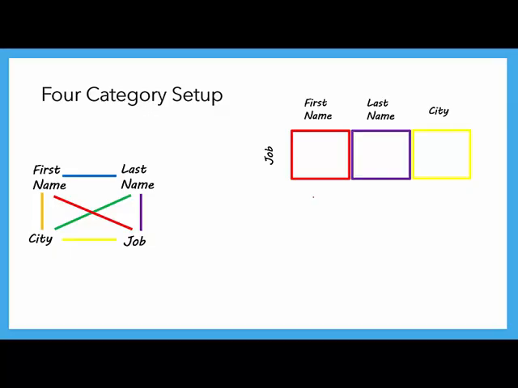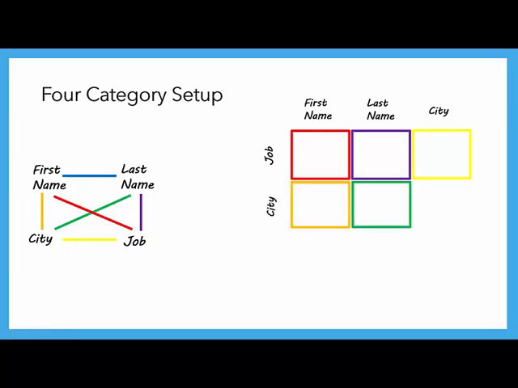Now let's go with first name. First name has to get connected with, we've already connected with job, so it has to get connected with last name and city. If I put last name right here, it's going to get matched up with itself in this little middle column. So we don't want that to happen. So I'm going to make that one city.